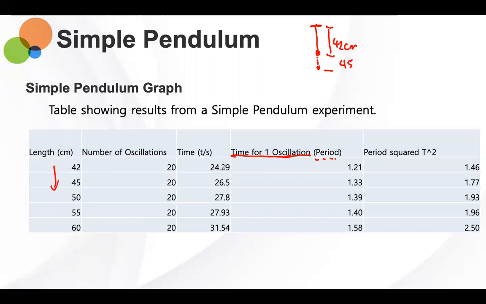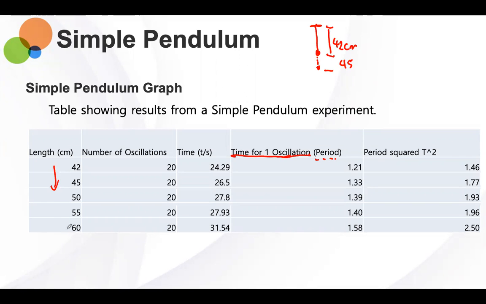it increased from 24 to 26. And as she increased the length, the time also increased. So this is the time to complete 20 oscillations. And she increased from 50 to 55, and she saw that there was an increase from 27.8 to 27.9.